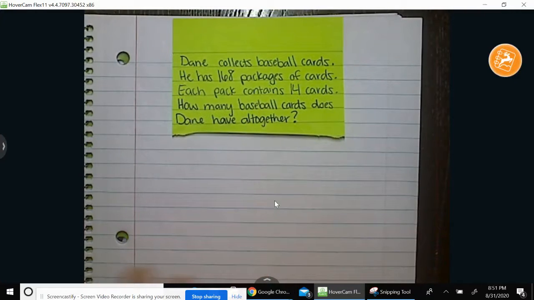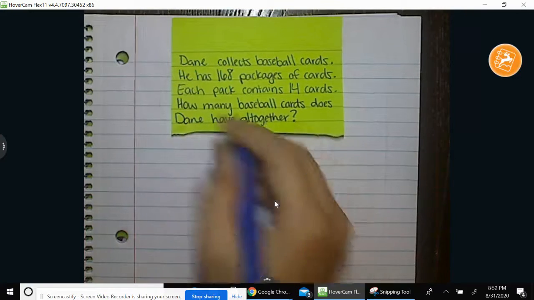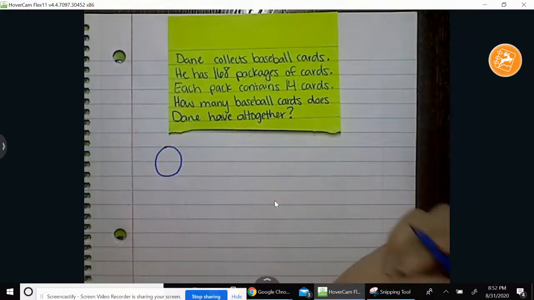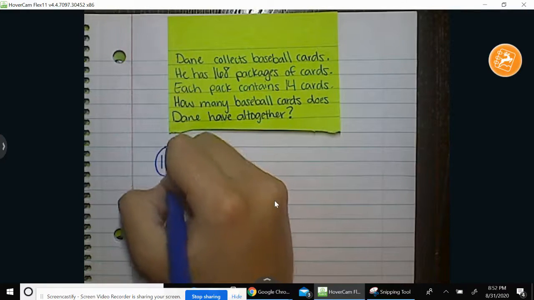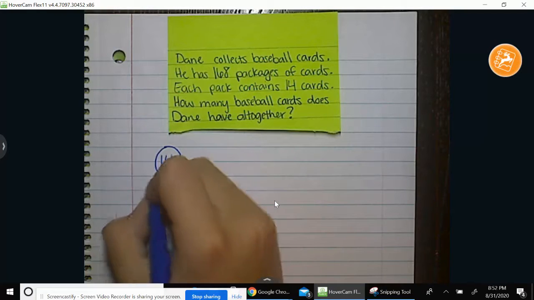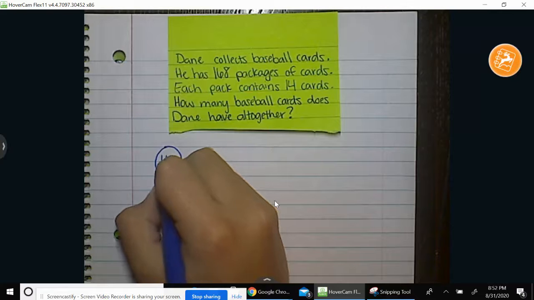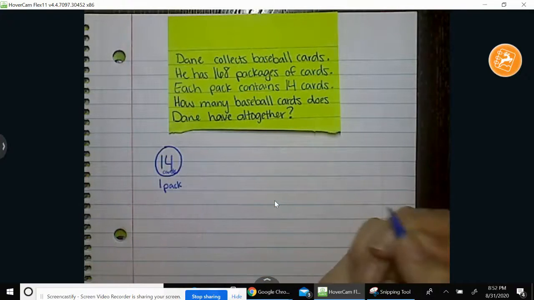So here we have our problem again. And I know that in one group, he has 14 cards. So this is one pack, and in here he has 14 cards.